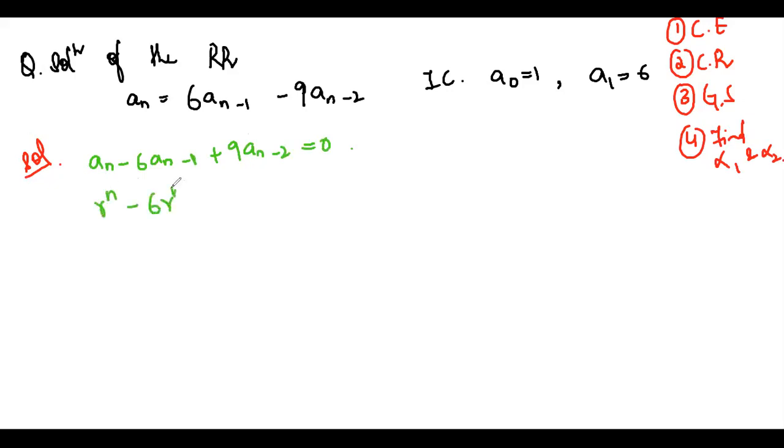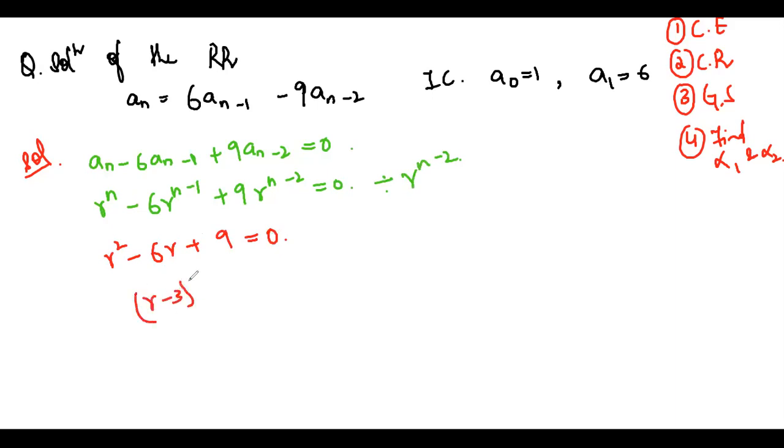So r power n minus 6 r power n minus 1 plus 9 r power n minus 2 is equal to 0. Now what is the next step? To find the characteristic equation, we have to divide by the lowest power of r. So divide by r power n minus 2. Then we get r square minus 6r plus 9 is equal to 0. Now this is basically (r minus 3) whole square is equal to 0.